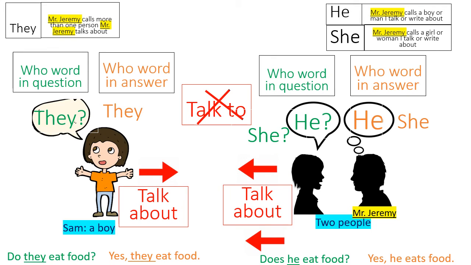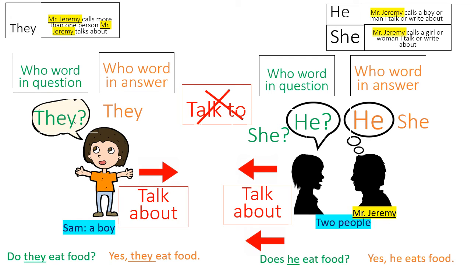I put this slide in the lesson just to remind you that when people, so that's one or more, talk about a boy or a girl, for a boy or a man, we can call him he. So when the who word in the question is he, like does he eat food?